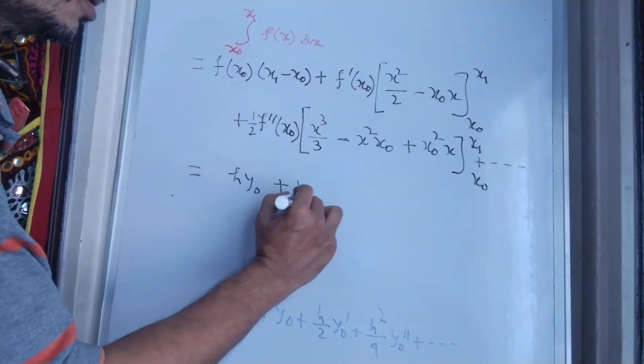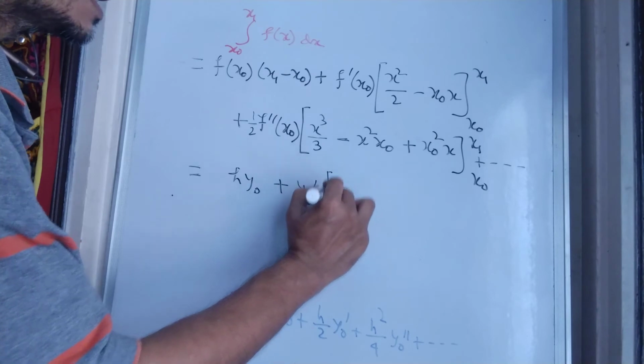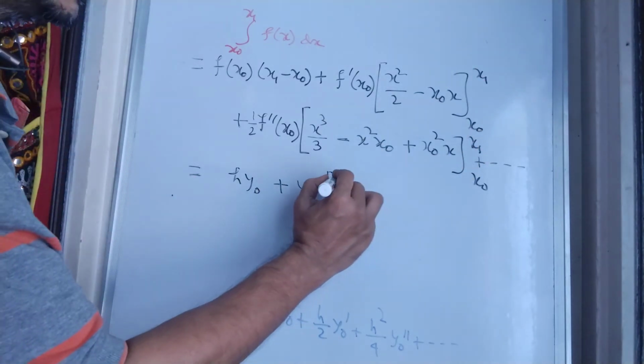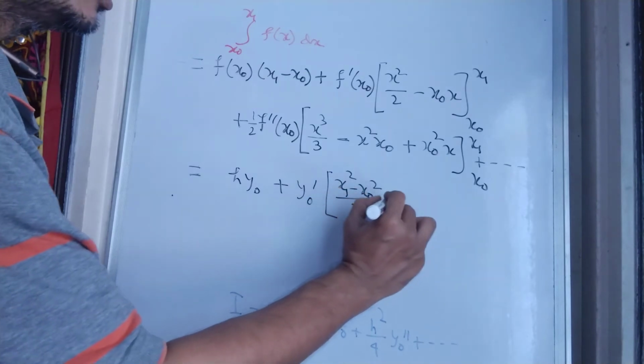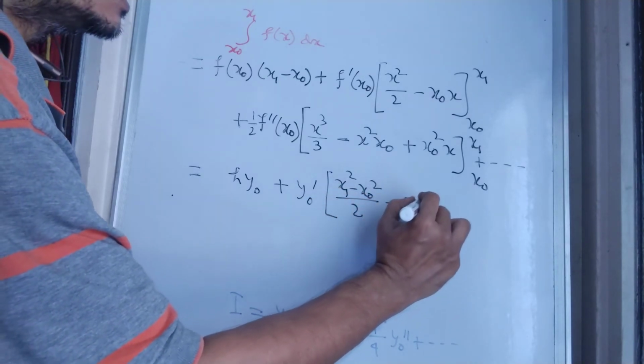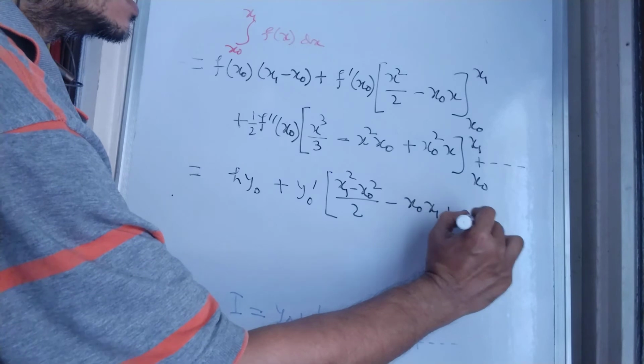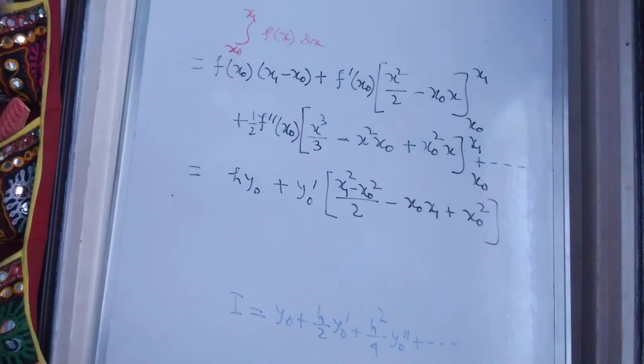This is y0 prime, and when we put these values, this becomes (x1 square minus x0 square) by 2 minus x0 x1 plus x0 square, isn't it so?